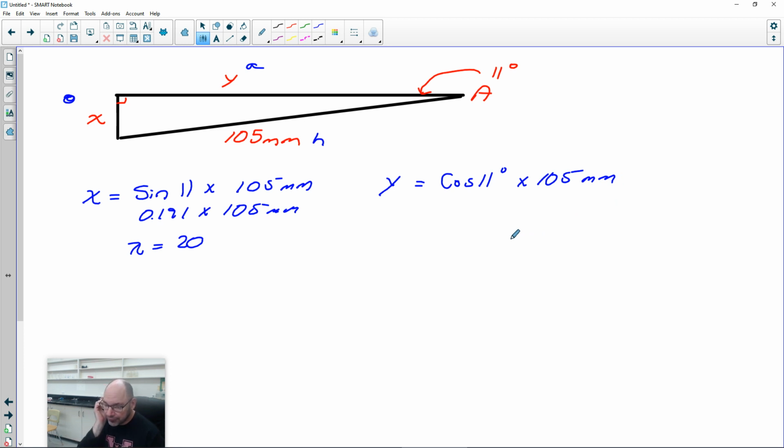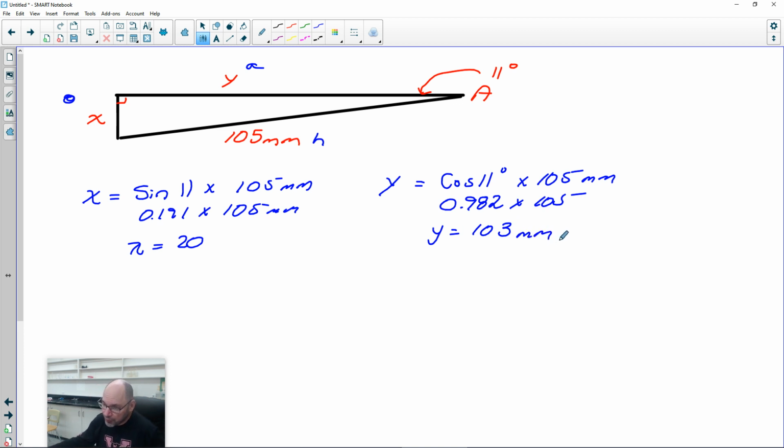Cosine 11 is .982, times 105. That's 103. And that's basically it for the next section.